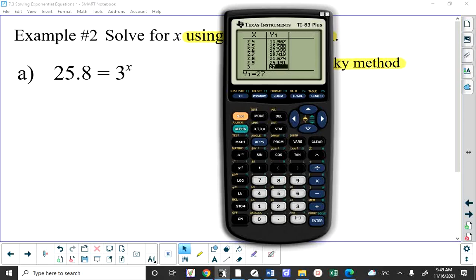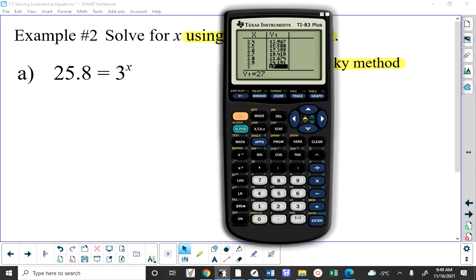And what I've established now is that since 3 to the 2.9 is less than 25.8, and 3 to the 3 is more than 25.8, the answer must be between 2.9 and 3. Does that logic make sense to you?